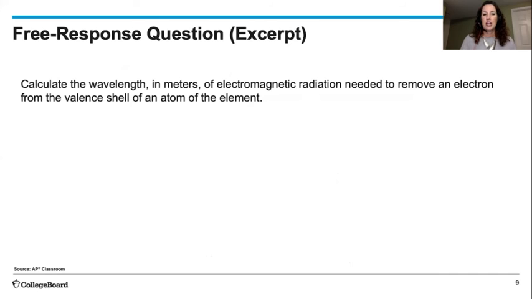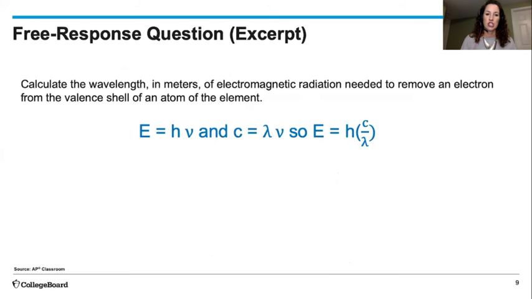So if we want to calculate the wavelength in meters of this radiation needed to remove an electron, we first are going to need to rearrange some of our equations. Since we know that energy is equal to Planck's constant times frequency, and we know that the speed of light is equal to wavelength times frequency, we can solve for frequency and plug that back into our energy equation.